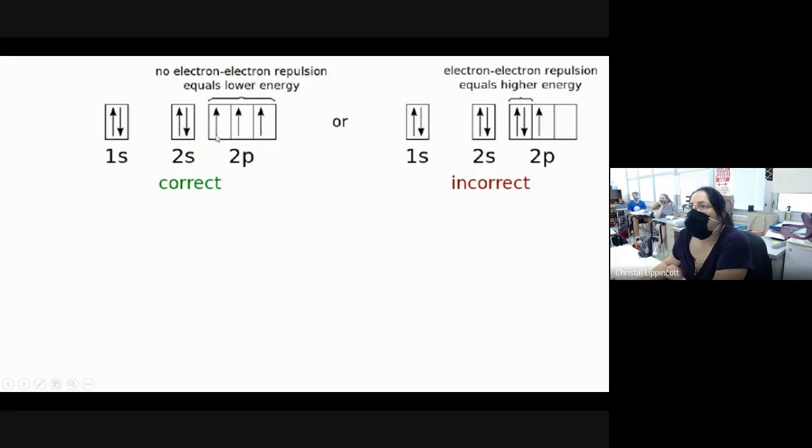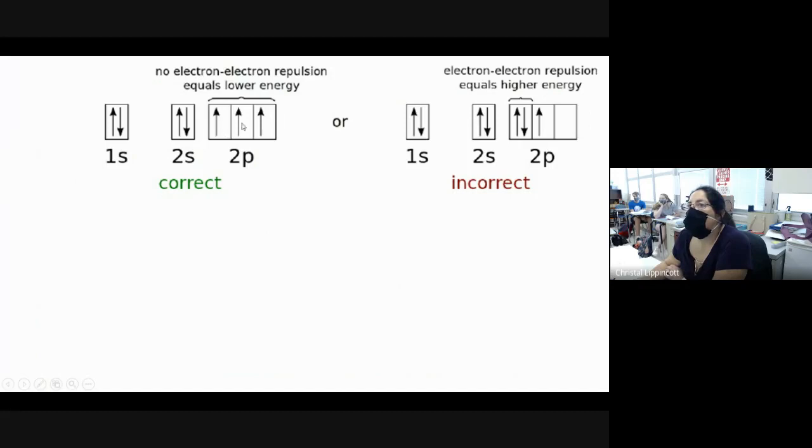All right, remember you can't double up until you've got them spread out evenly. So 2, 4, so this is nitrogen again. So here's your 1s2, so this is hydrogen, helium. This is lithium, beryllium, sorry, beryllium.